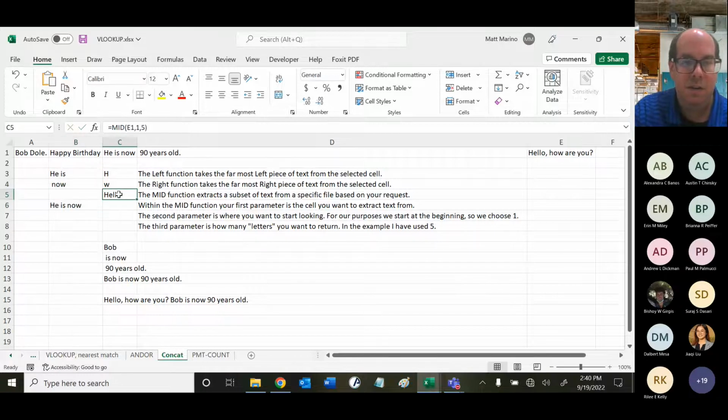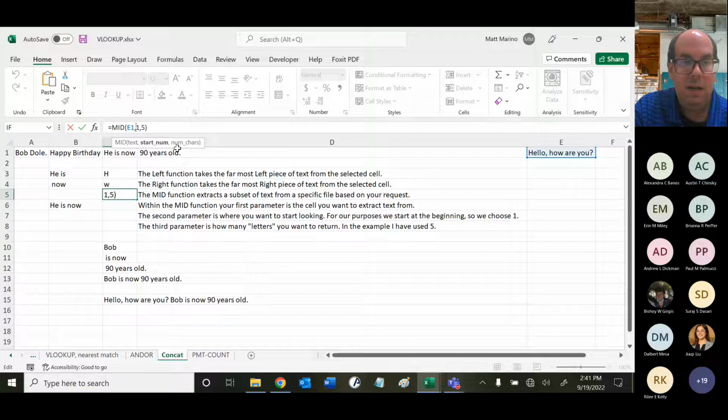So then there's the mid function, which is completely different. Basically, the idea is left function, you're taking everything from the left. Right function, you're taking everything from the right. Mid function, you're taking as much as you need from the middle. So instead of just a cell you're taking from and a number, here there's a start number and then a number of characters.